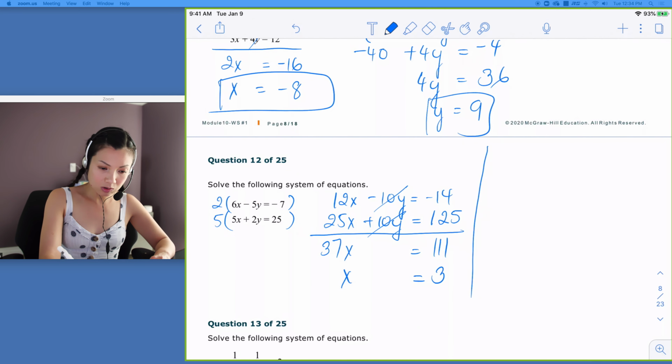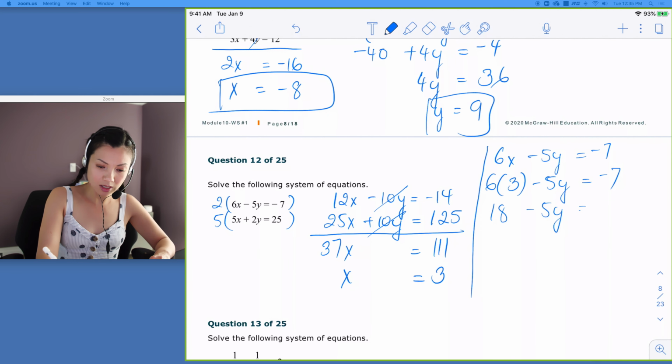So I'm going to use the first equation. So 6, I'm going to plug it in for x. So I get 18 here minus 5y equals negative 7. Negative 5y equals negative 25.